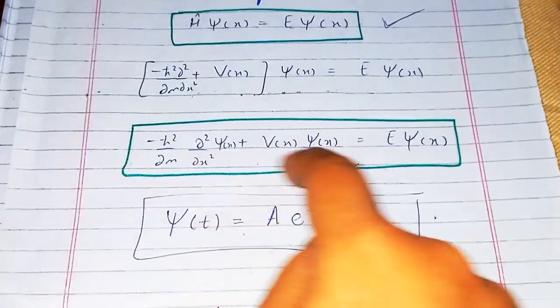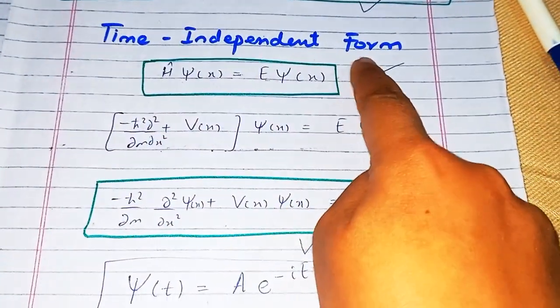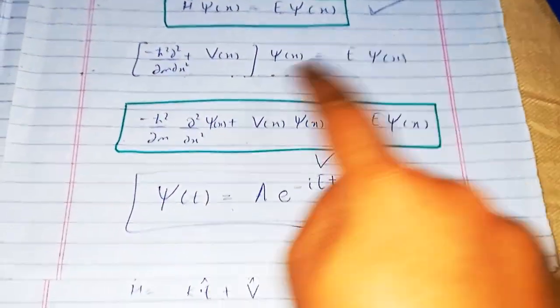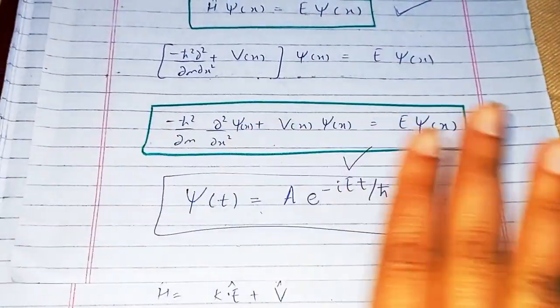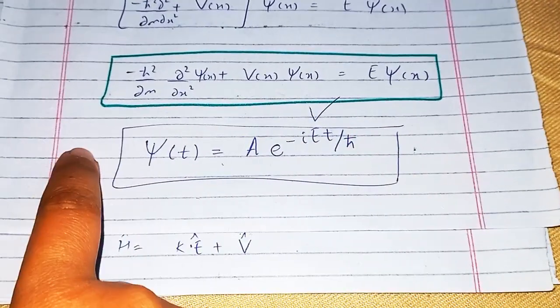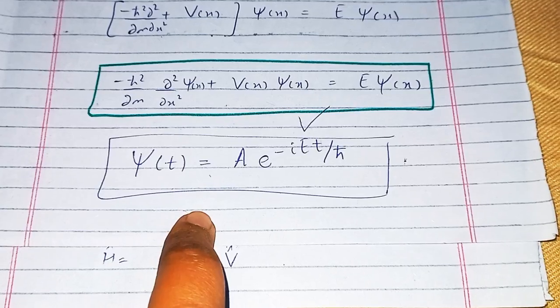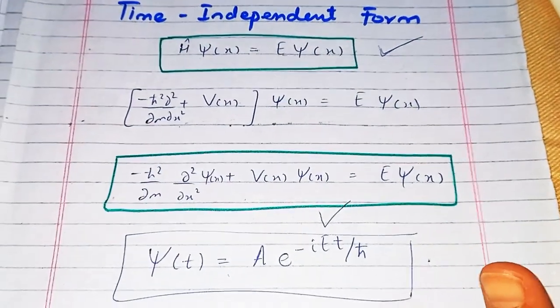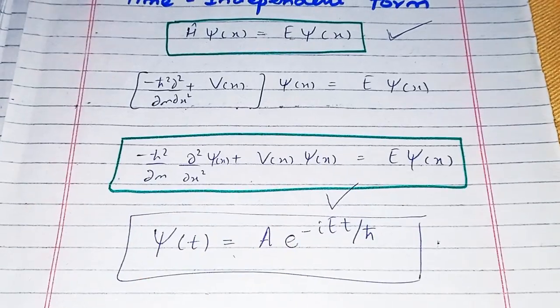Okay, that is the time independent form of Schrodinger's equation, this, and you can write it like that, like that. Okay, that's so simple. And we have got this wave function, time dependent wave function, coupled with the time independent form, and you can see its reference from the derivation.